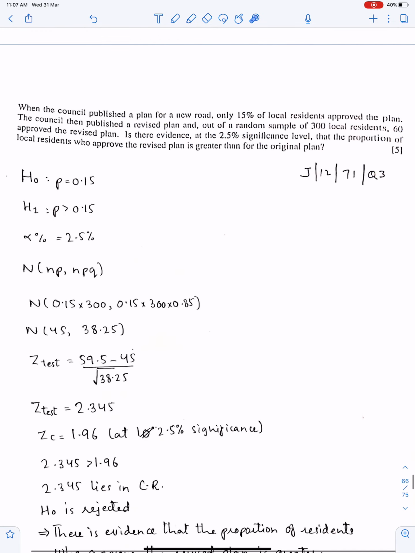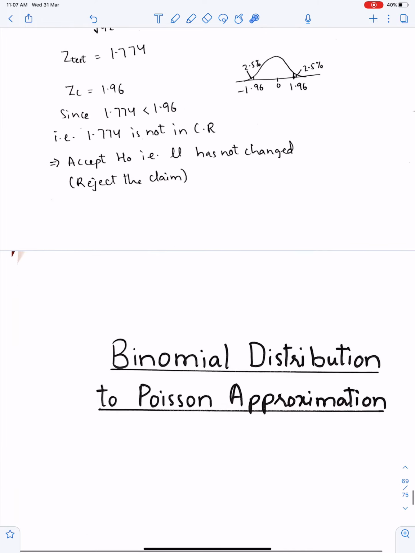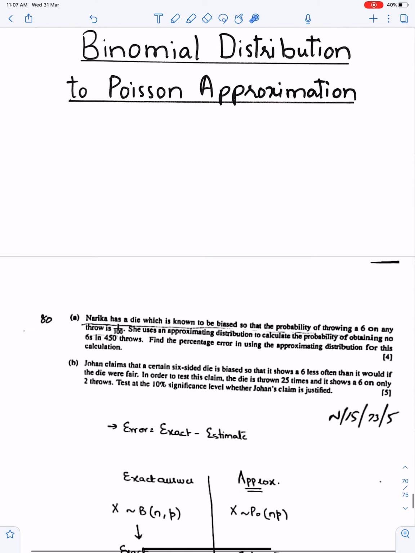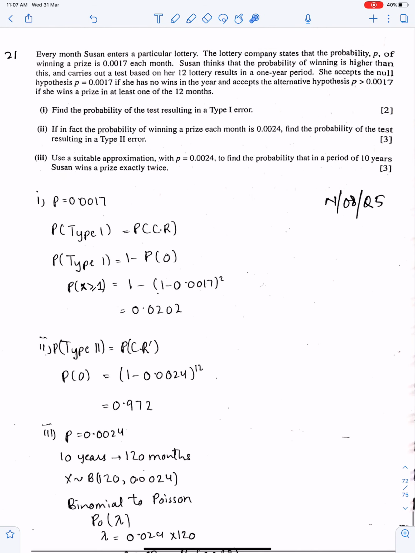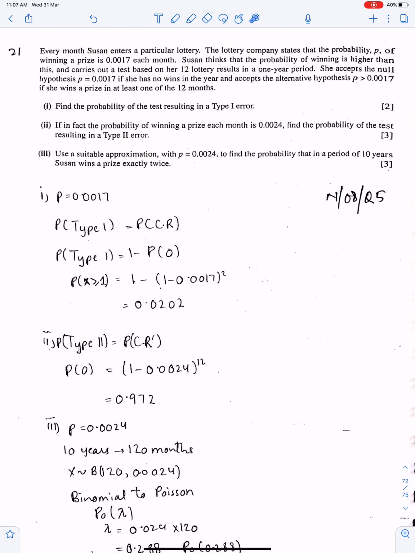There is no question of type 1 and type 2 error in the normal approximation to the Poisson distribution. Now the last is the binomial distribution to Poisson approximation. This is the last question of this lecture. Every month, Susan enters a particular lottery.